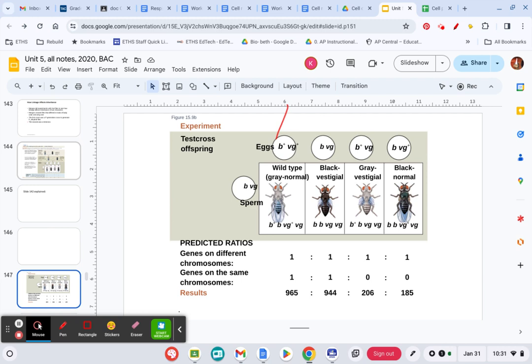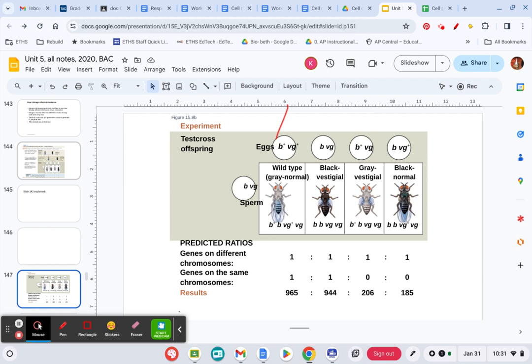And so the predictions were either, he was suggesting that what might be happening is these genes are on different chromosomes. So if they're on different chromosomes, that whole independent assortment thing is going to play out, meaning that how one homologous pair lines up has nothing to do with another pair lining up. Okay, so independent assortment is in play.